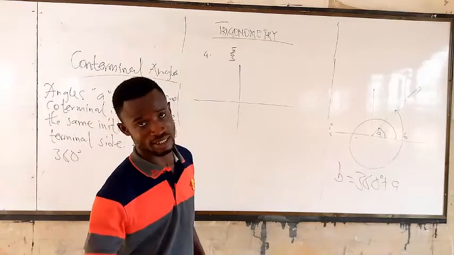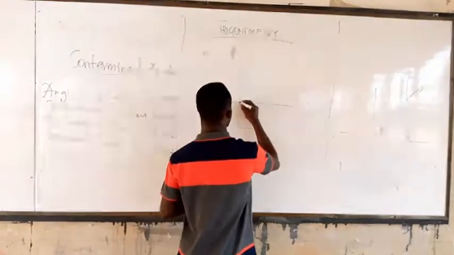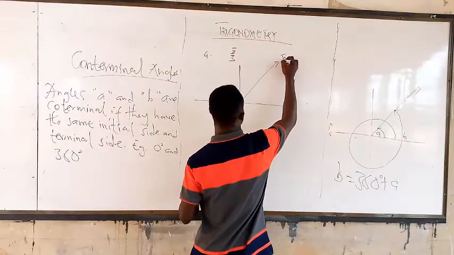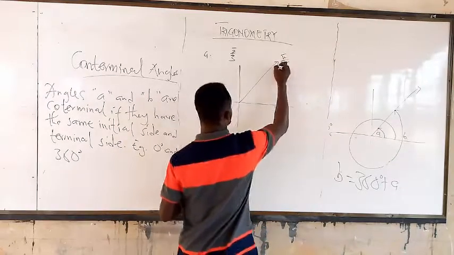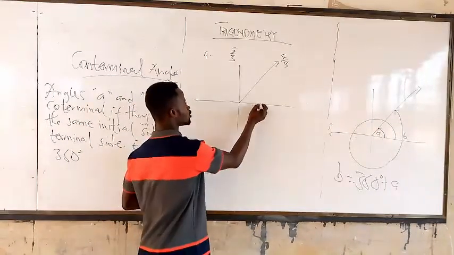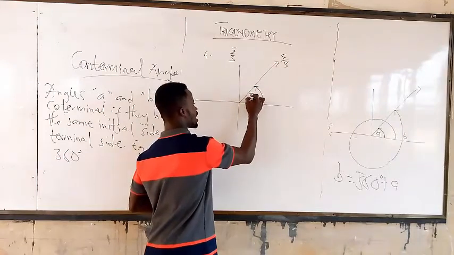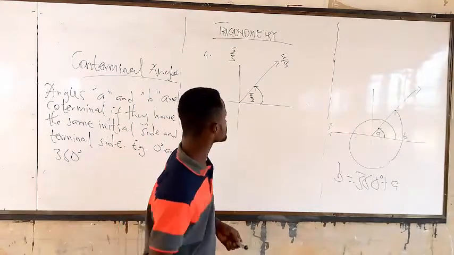And that's going to give you 60 degrees. So pi over 3 is the same as 60 degrees. So this angle is pi over 3.